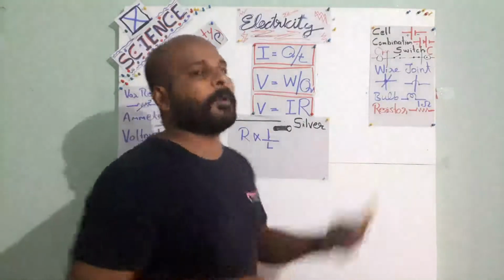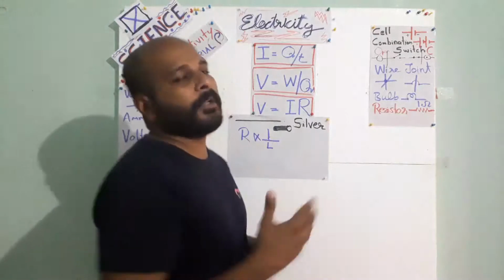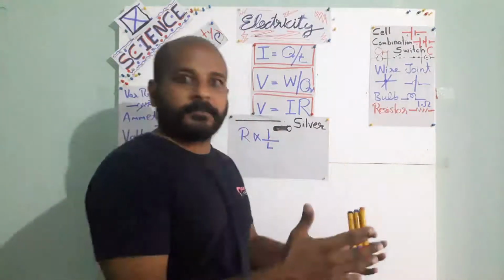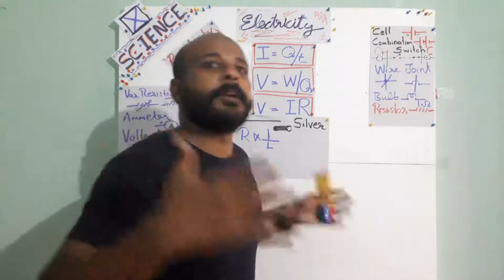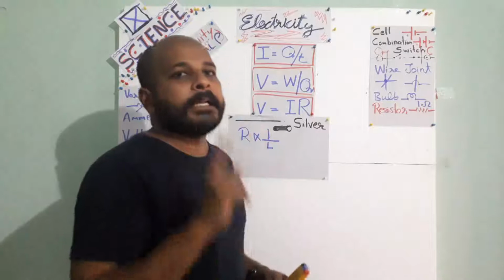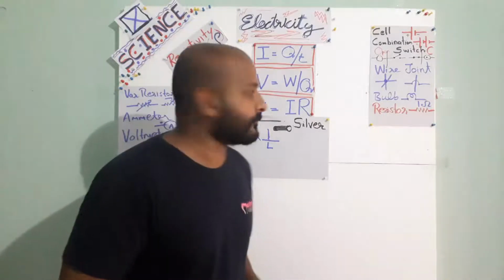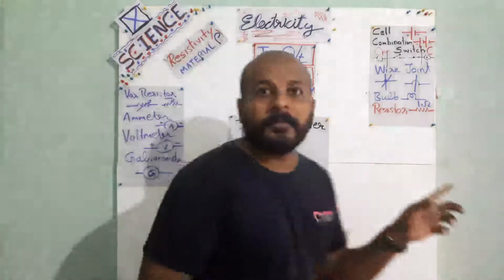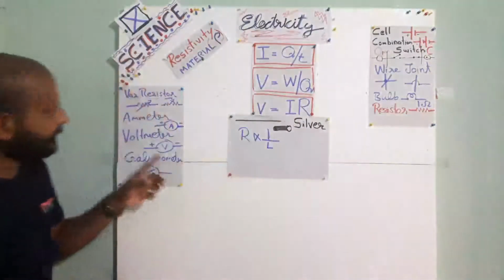Our public work department, our government, helped us. They made our road bigger, same traffic, but a bigger roadway to travel, so resistance will decrease. Understand? So what we can say, R is directly proportional.